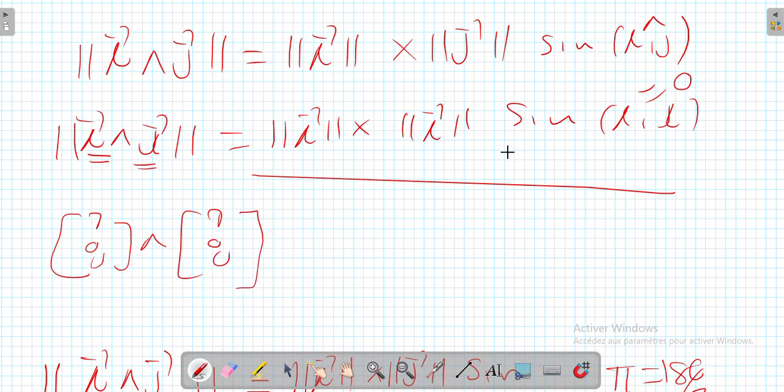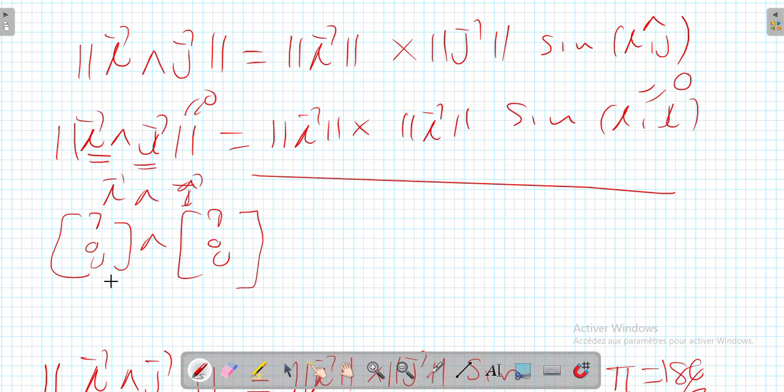This formula is just there because if you see E vectorial E, the Moroccans know directly that this is going to give me 0. E vectorial E will give me 0. Why? Because obviously from this definition I'll have sine of the angle between them. So sine of 0 is 0. Directly they will know that everything will be 0.